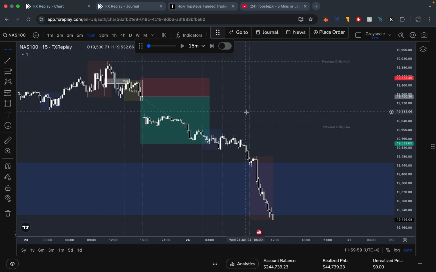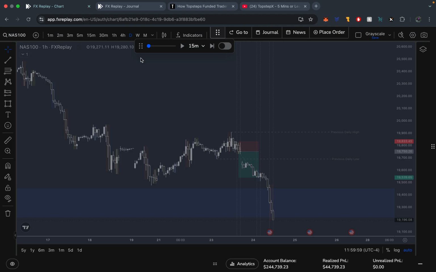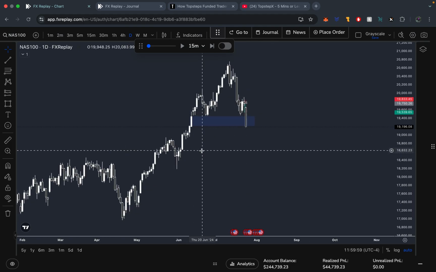And because it's not real money, there's no emotion involved in it. Transferring that feeling to a live account is difficult, because the way you manage the trade whilst it's live is a little bit different. You become a bit more impatient.